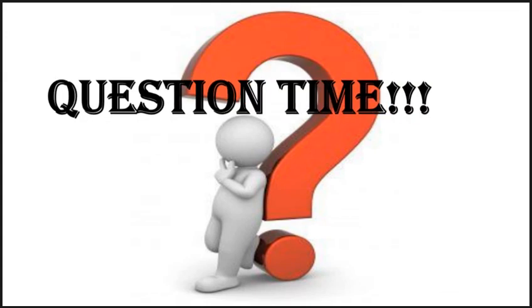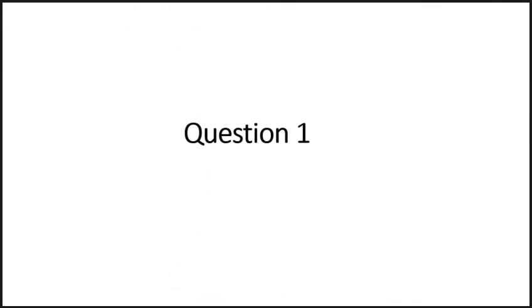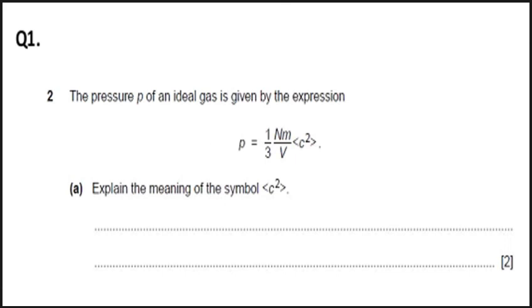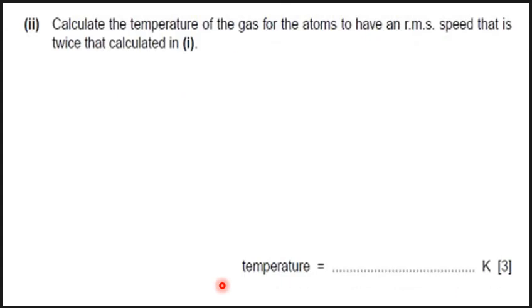Right here, we'll be looking at the first question, which you can try to do on your own. Just pause the video and check up the questions. The first question here is this. The continuation of this first question is this. The question continues right here.